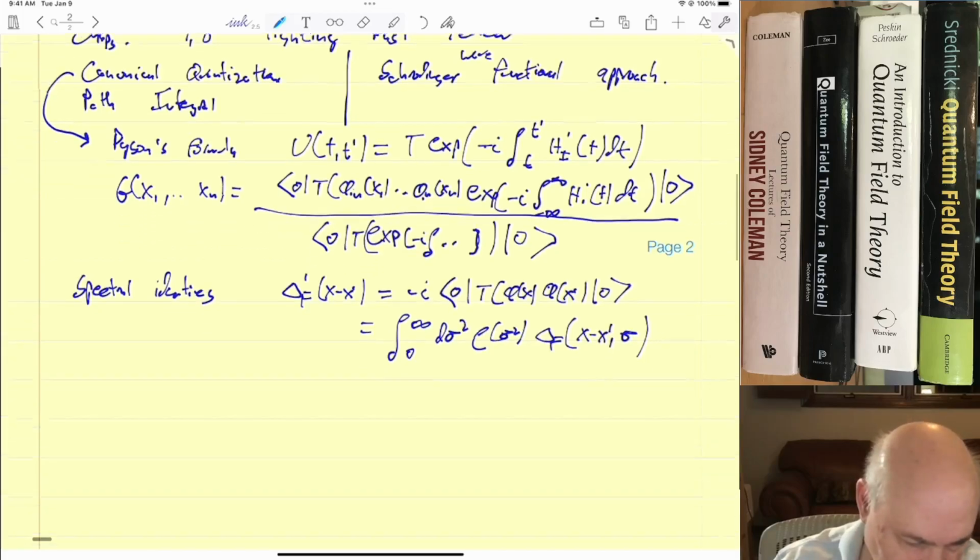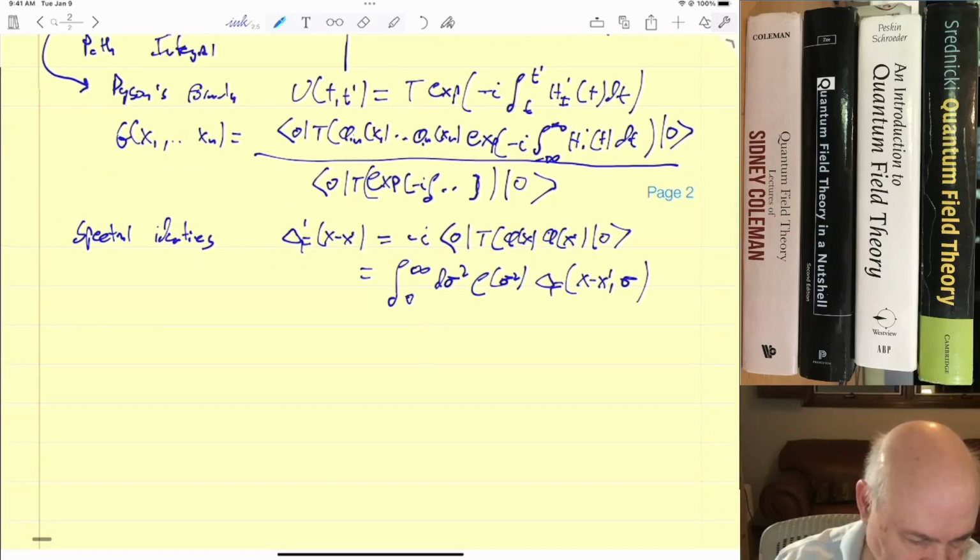Then you have LSZ reduction, which goes from these Green's functions and everything to get the matrix elements and everything. Then you have Wick's theorem.